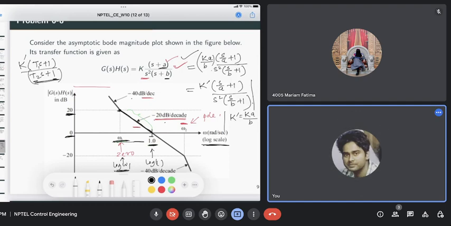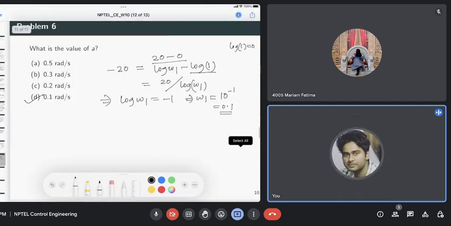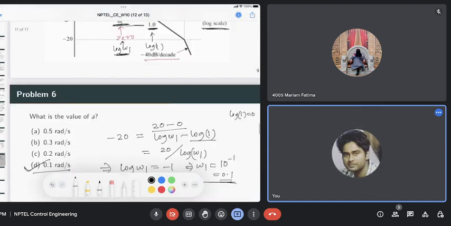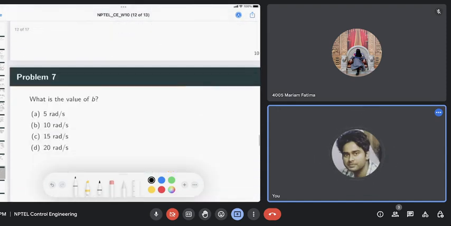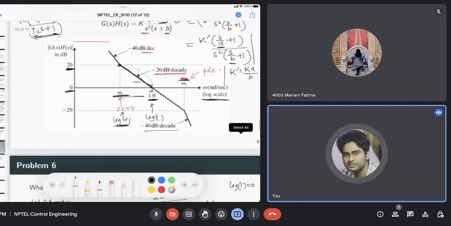We wrote this, then we can find that this corresponds to the corner frequency omega 1, which is what we obtained there, the a value. Similarly, to find this b, we have to find the second corner frequency, and you see that this second corner frequency corresponds to the pole.